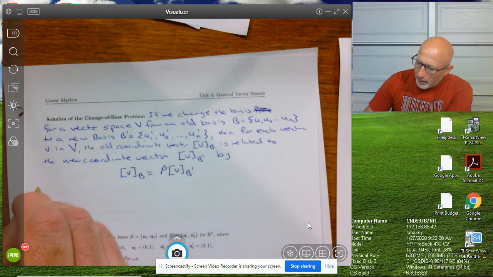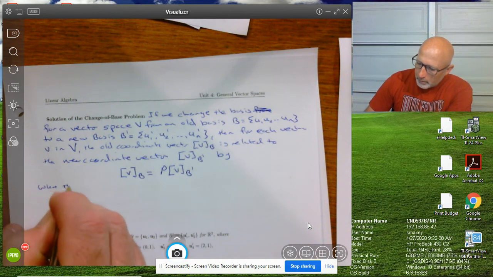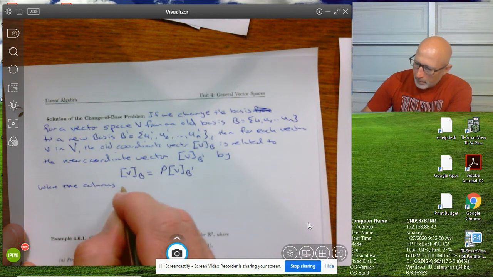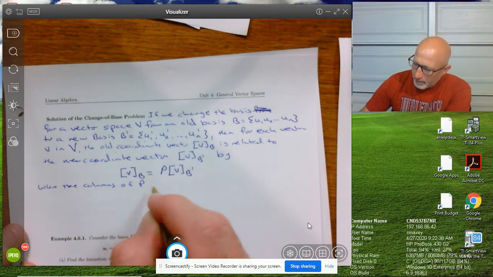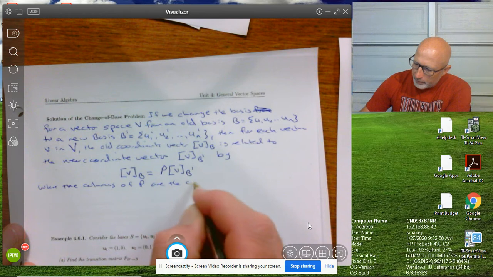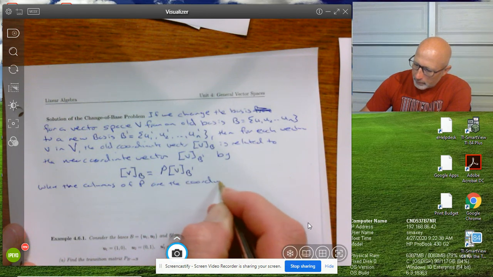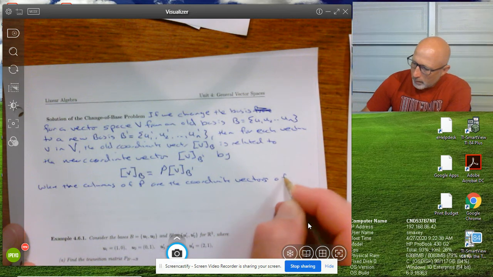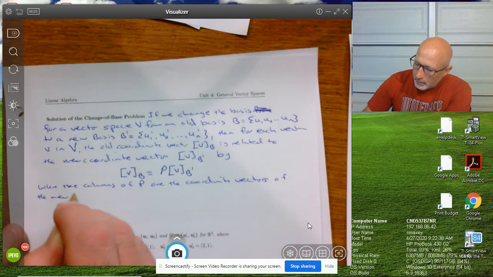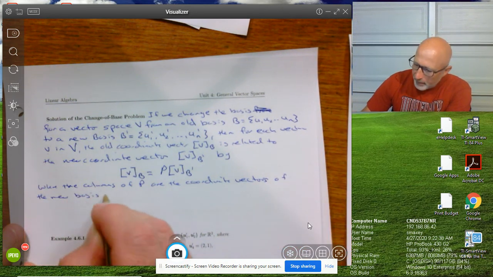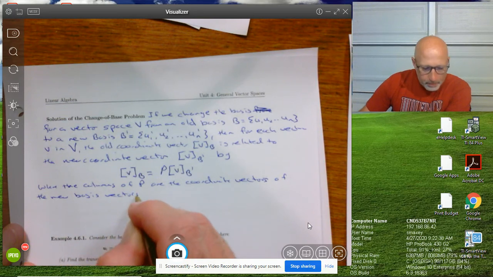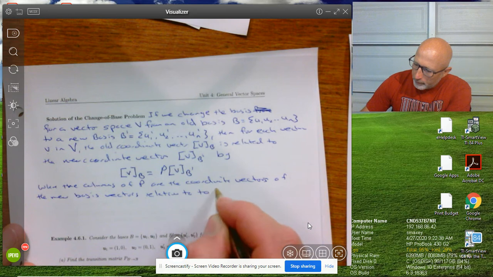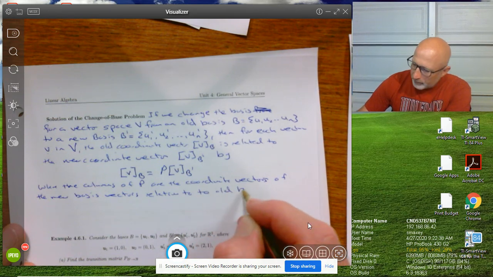So this is where the columns of P are the coordinate vectors of the new basis vectors relative to the old basis.